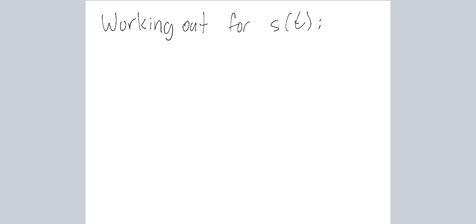For S of t, we start with V of t. And we know V of t is the same as S dash of t, sorry. So S dash of t is equal to 20. We know that V of t, or S dash of t, is the gradient of the function that's created.